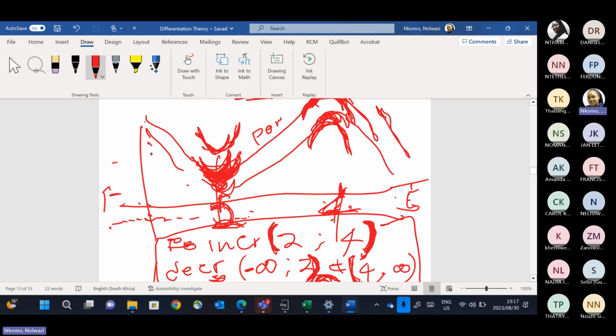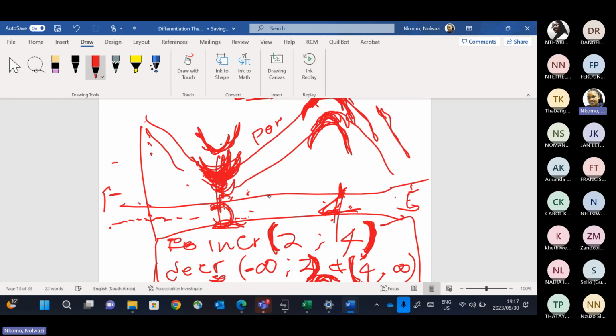I didn't say the points are increasing or decreasing. I say the graph will increase from here. It can start increasing from 2.1, from 2.2, from 3.